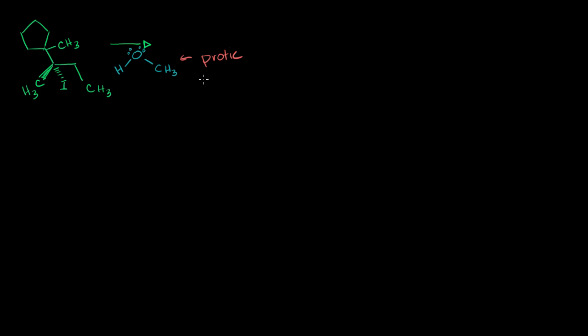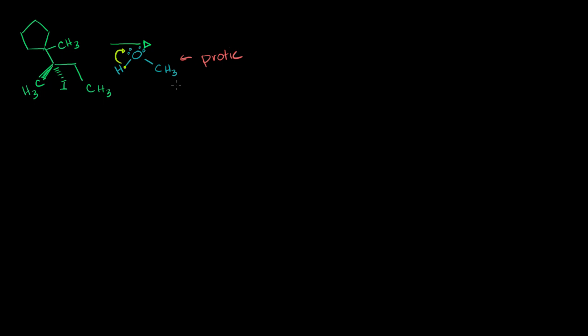And the reason why I know that methanol is protic is because you have hydrogen bonded to a very electronegative atom, oxygen. So every now and then in one of the methanol molecules, the oxygen can steal hydrogen's electron, and then the hydrogen itself, without the electron, the hydrogen proton, will be flying around because it doesn't have a neutron.